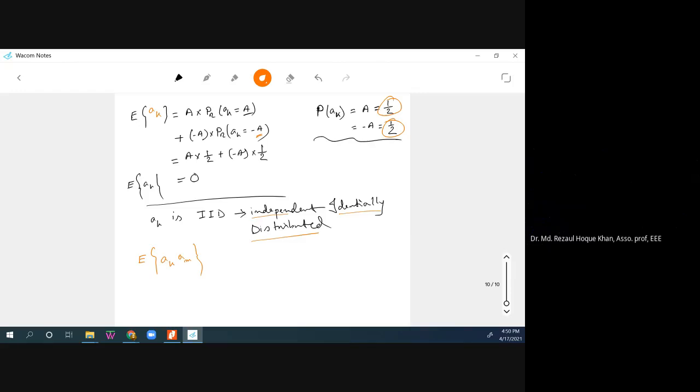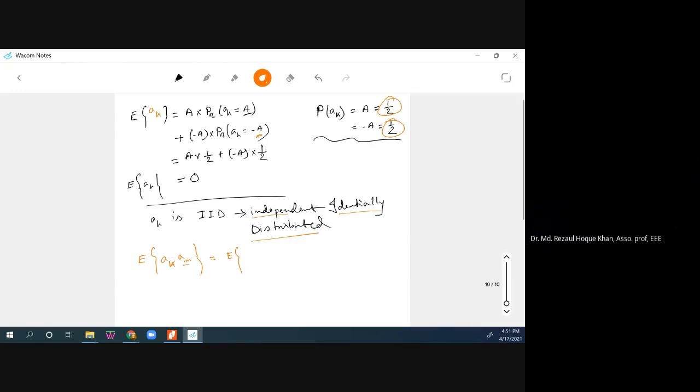Identical distribution means each takes minus or plus with half probability, and independent means these random variables are independent. So what is the expected value of AK and AM? There are 2 digits, AK, and imagine there is another bit.